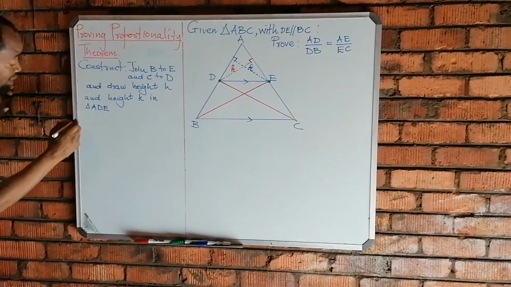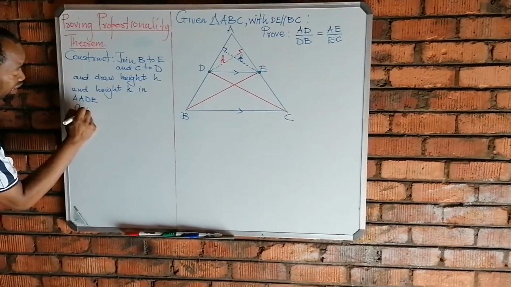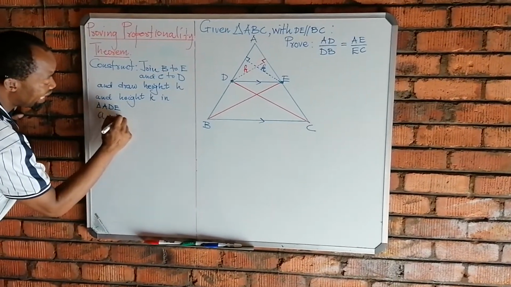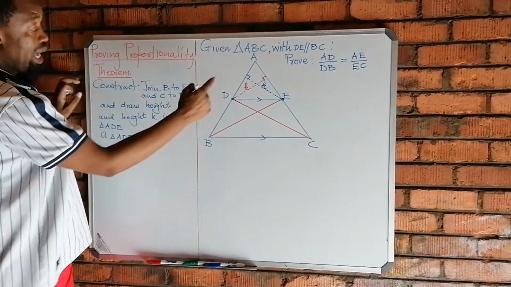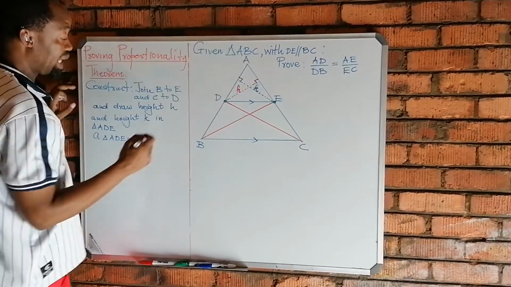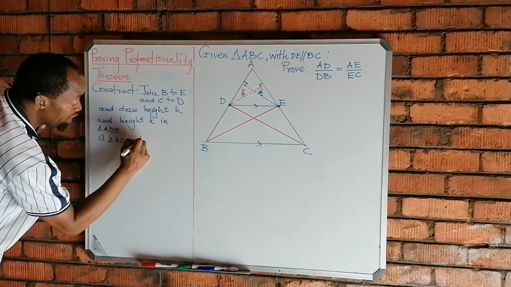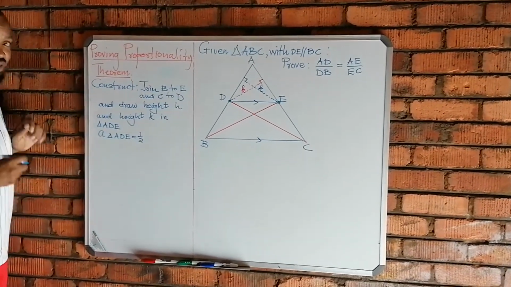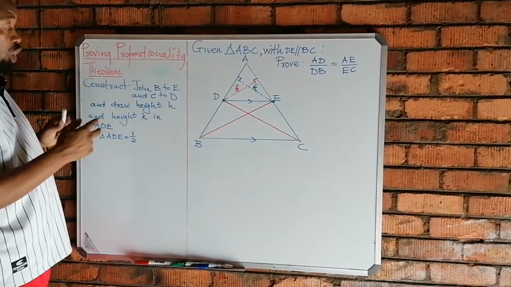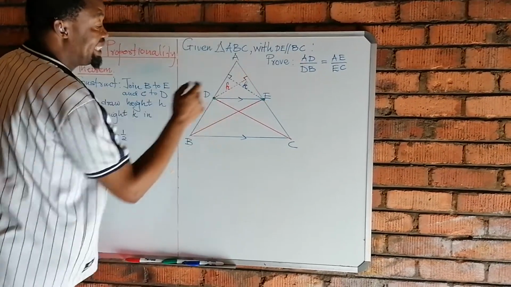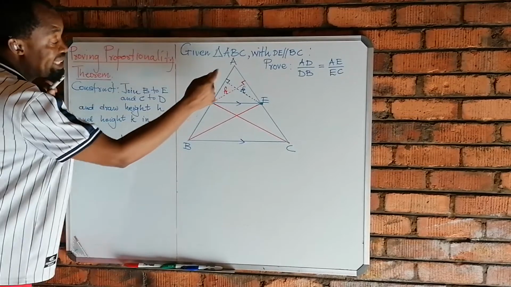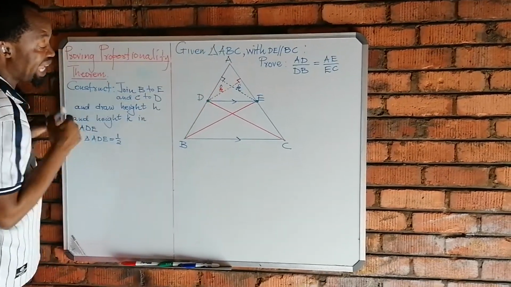Now I am proving the theorem. I'm going to start by saying area of triangle ADE is equals to, I'm taking the area of this triangle, it will be equals to half base. Look at what you want there. You want AD. Start by taking the base as AD.